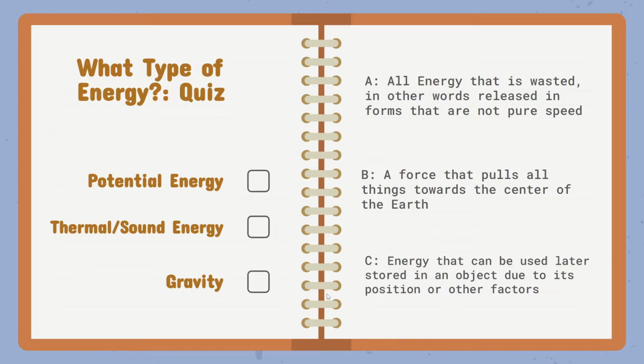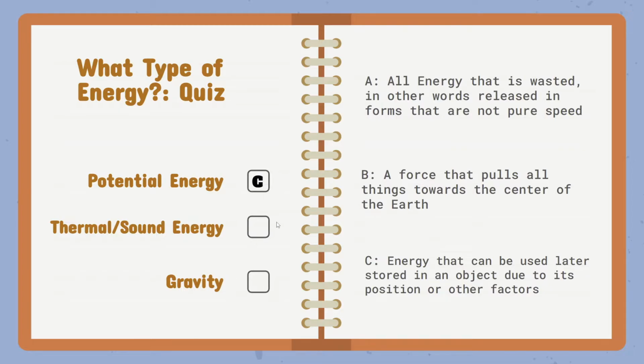So, over here we have some terms, and on the other page in the notebook we have some definitions. So let's match these together. Potential energy is defined as energy that can be used at a later time. It is stored in objects due to its position or other factors, so C will be potential energy.